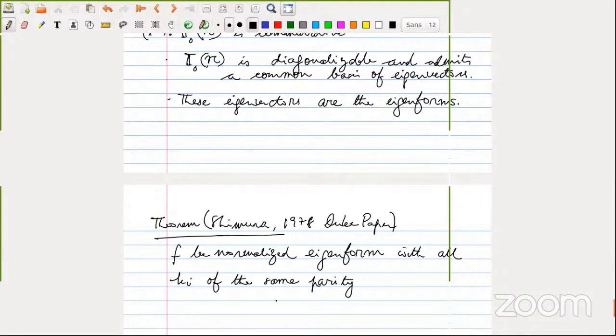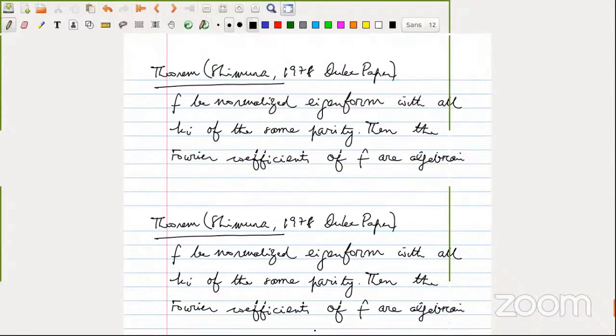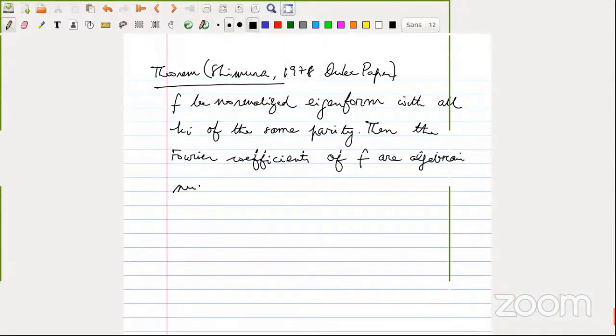I mean, either all of them are odd or all of them are even. Then the Fourier coefficients of f are algebraic numbers. Okay, algebraic numbers. They are in Q bar.